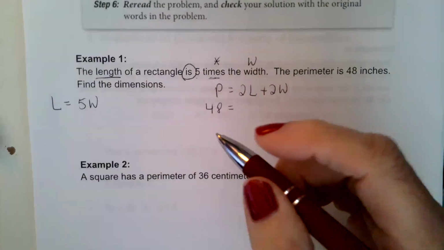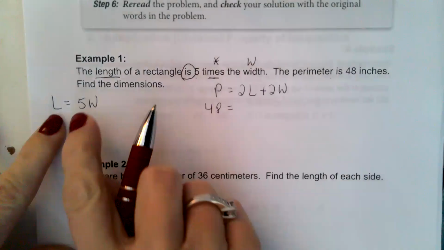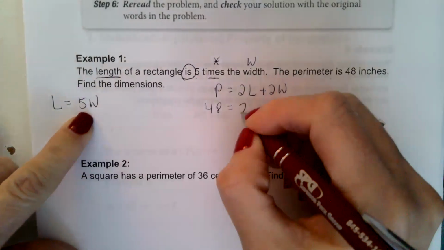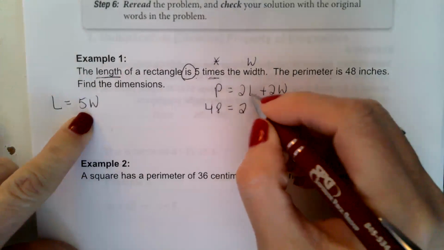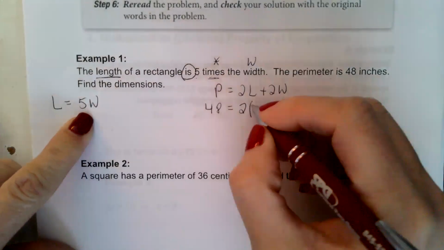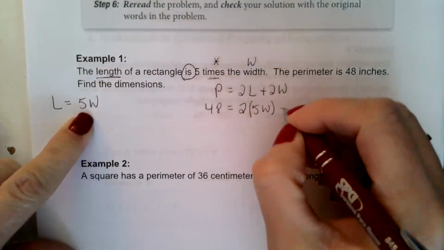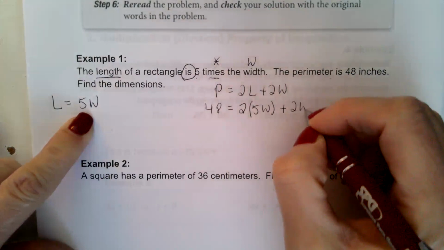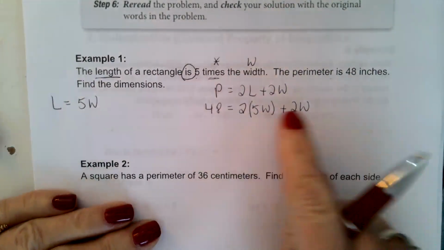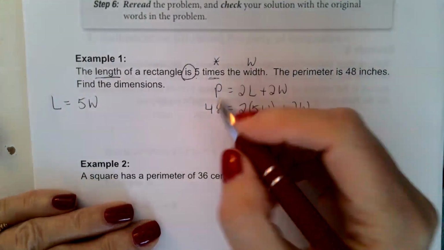And then we can also say that we know the length can be represented by 5 times the width. So I'm going to say 2, and then in parentheses, I'm going to put for the length, this representation of 5W, plus 2W. That benefits me because now I have an equation that only has one variable that I can solve for.